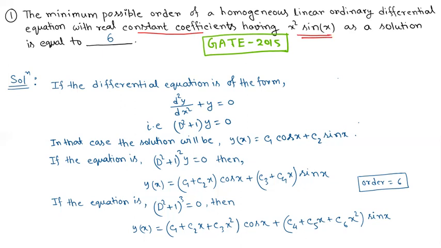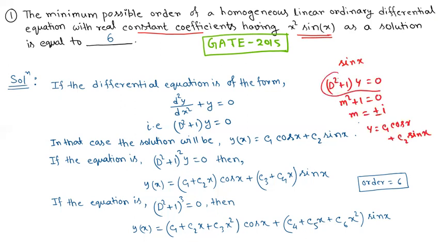When we get sin x as a solution, the differential equation is of the form (D square plus 1)y equals to 0. In that case the auxiliary equation will be m square plus 1 equals to 0, and m equals to plus minus i, and we get y equals to c1 cos x plus c2 sin x. Here we get sin x as a solution of this ordinary differential equation.